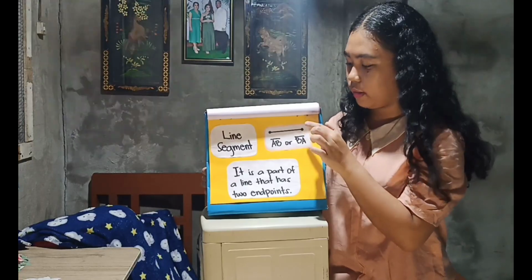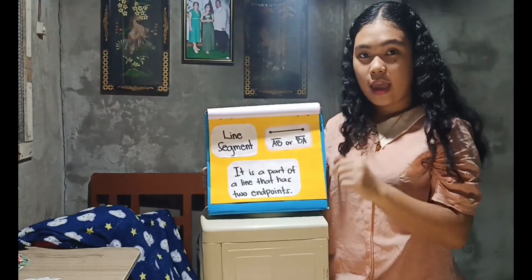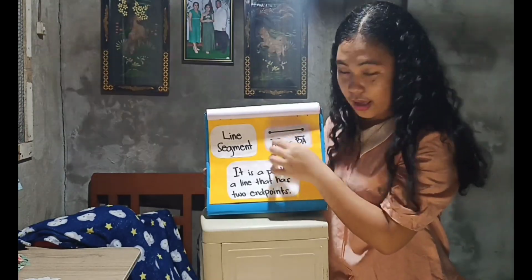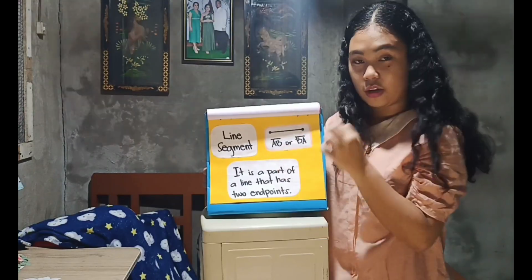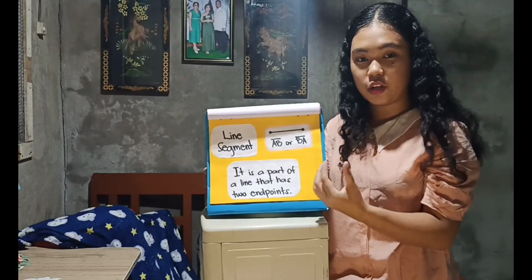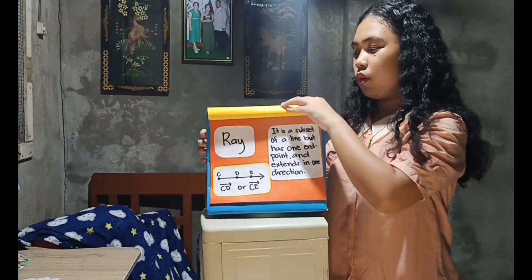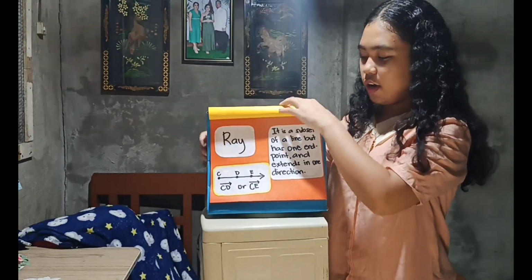This is what you call an endpoint. So it has two endpoints, and you can name it line segment AB or line segment BA. I think you are also familiar with it because we already encountered it in grade school.